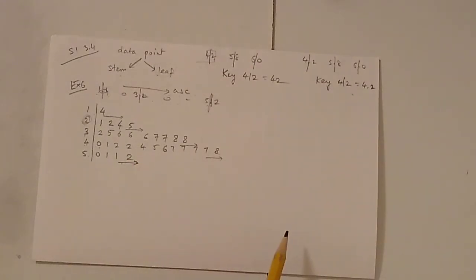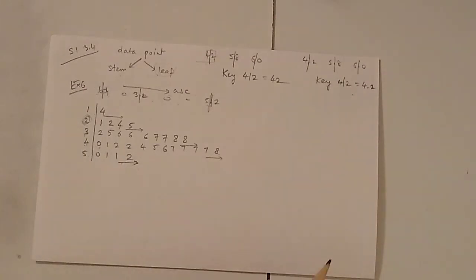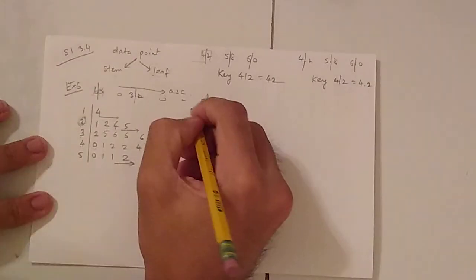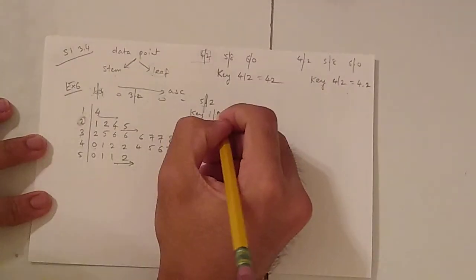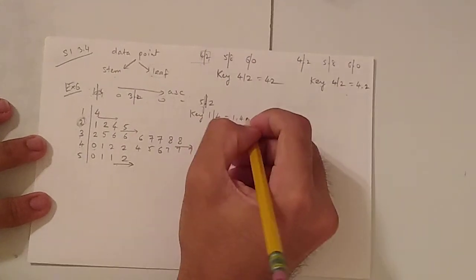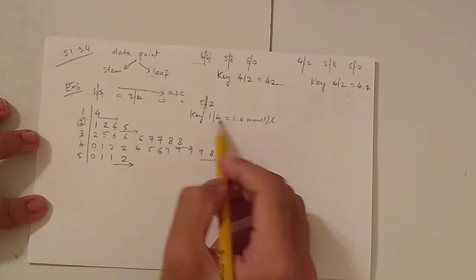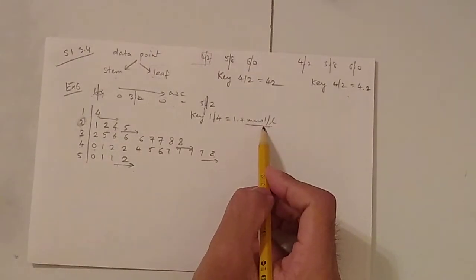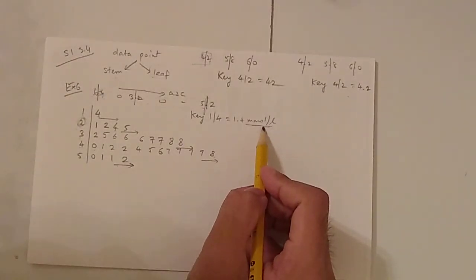Now, next step is we are done with the stem and the leaf, but let's first write in the key. The key would be, in this case, 1 by 4. What does 1 by 4 mean? 1 by 4 is equal to 1.4 millimole per liter. Millimole per liter is the unit in question, because in the question they're giving us the blood glucose in millimoles per liter.